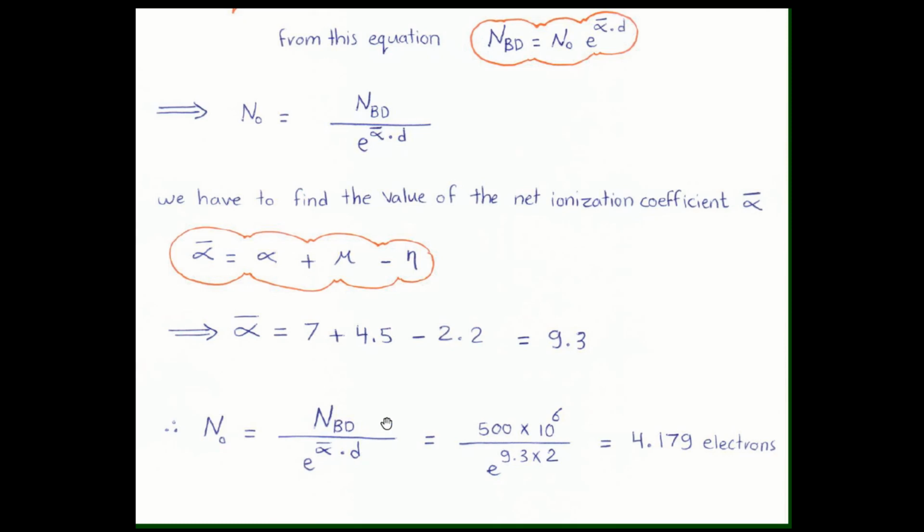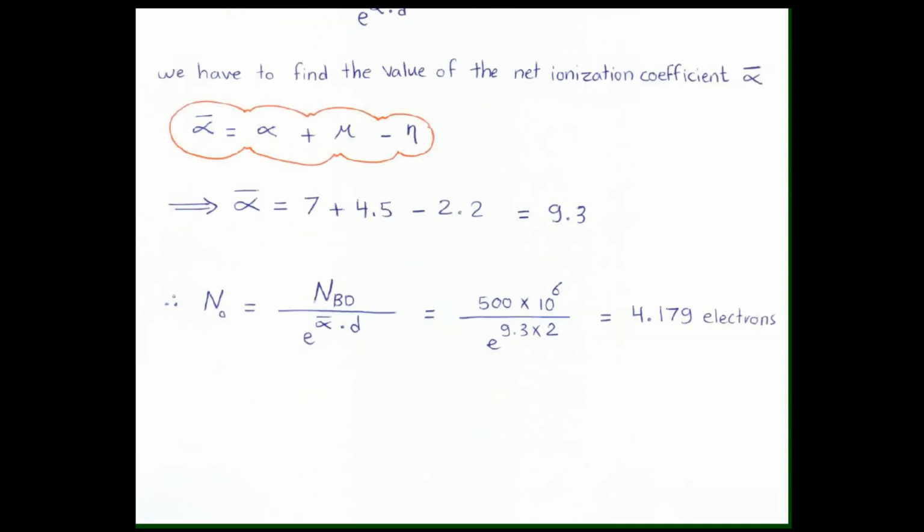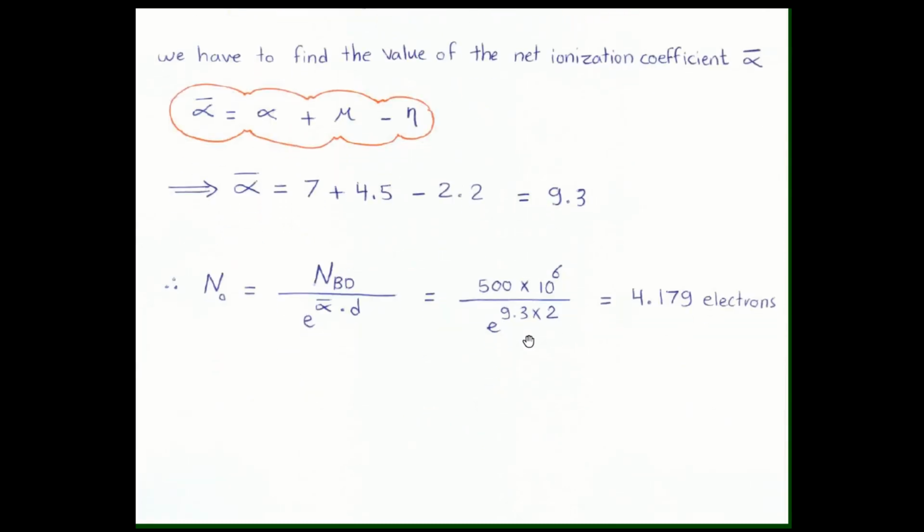By substituting the values in this equation, we will get the answer as 4.179 electrons. Okay, so we just finished question number 2.